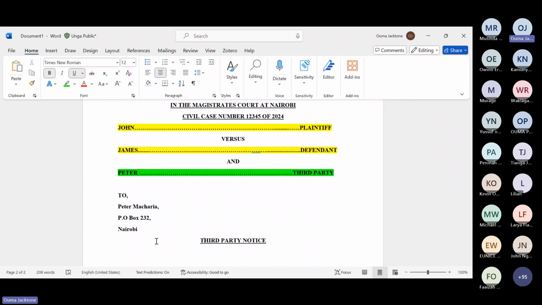Applications are very simple and very easy. Two things only. Number one, the prayers: what are you praying for? Number two, the grounds. Full stop. Don't complicate it. So try and draft that, and I will see for you.